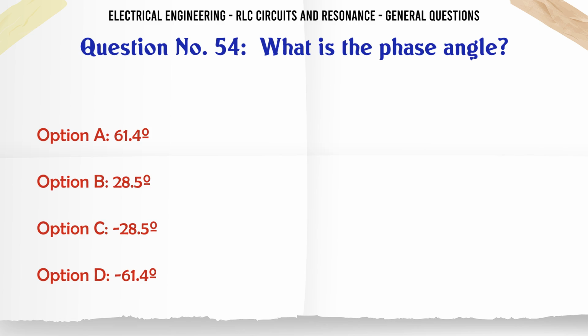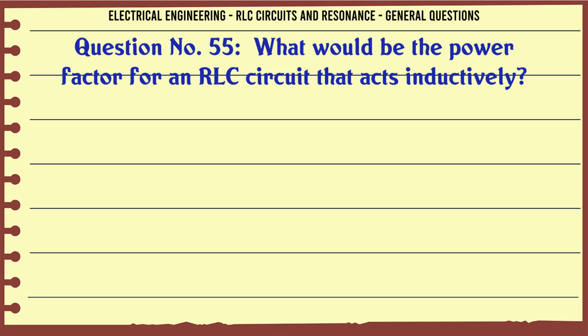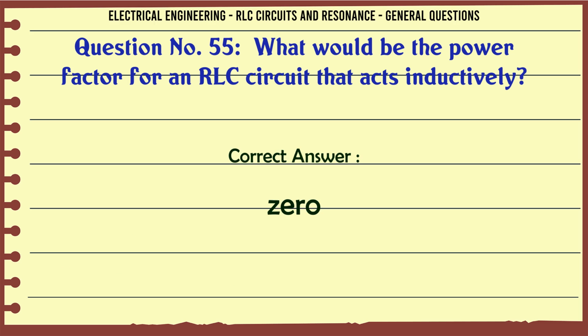D. 61.4. The correct answer is 28.5. What would be the power factor for an RLC circuit that acts inductively? A. 90 degrees leading. B. 1. C. 0. D. 90 degrees lagging. The correct answer is 0.